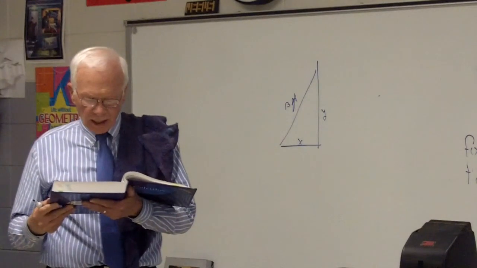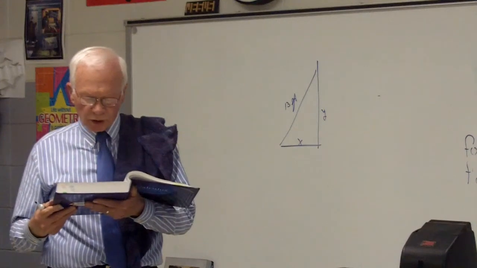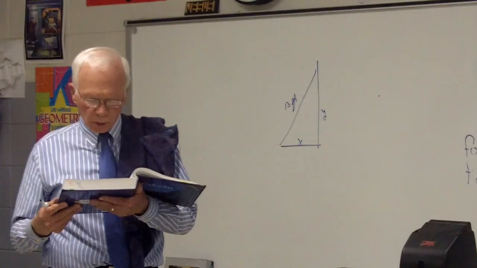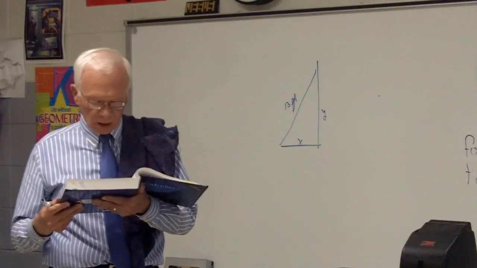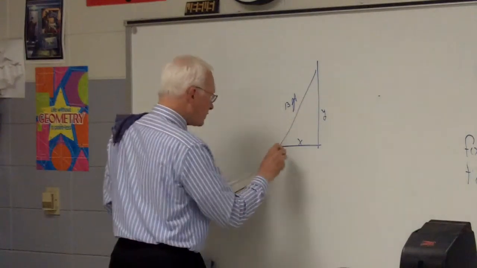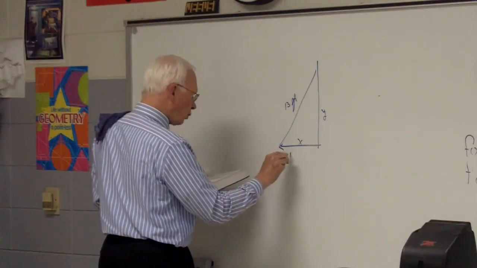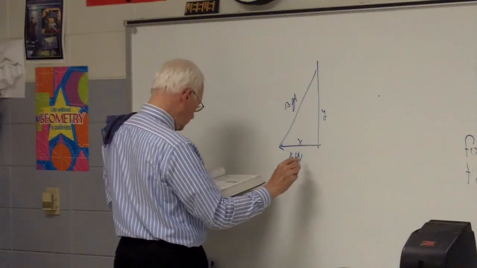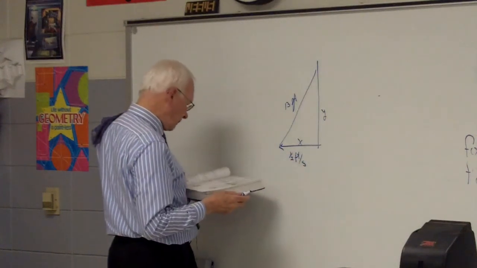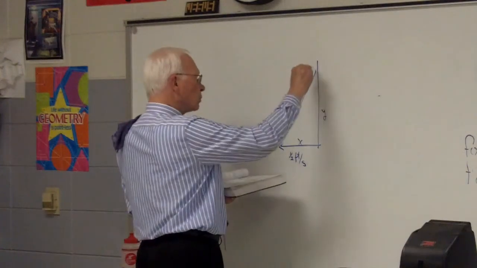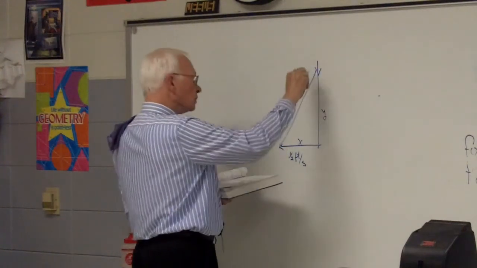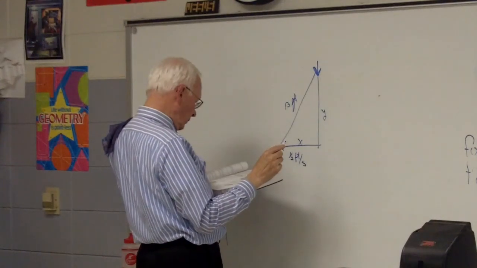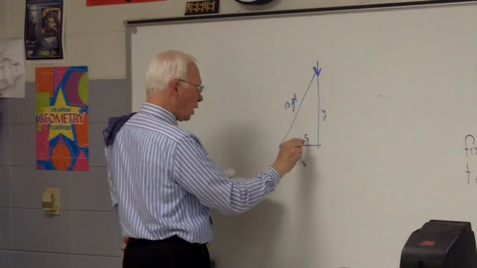It says someone begins pulling the foot of the ladder away from the wall at one half feet per second. Okay, that's going that way. How fast is the top coming down here when the ladder is 5 feet from the wall?